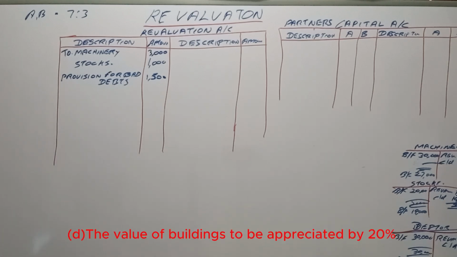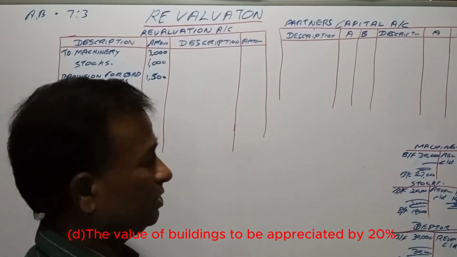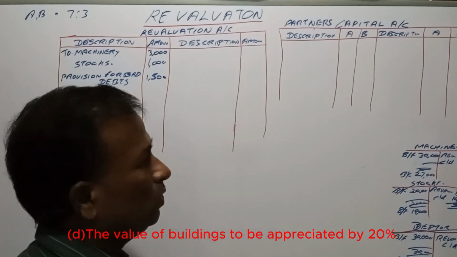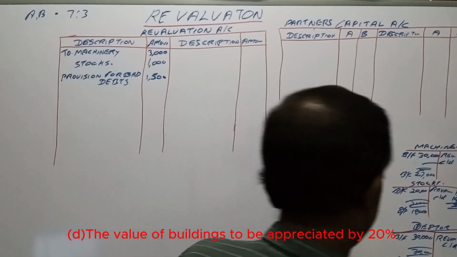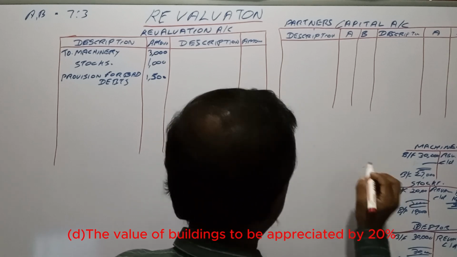And the next adjustment says the value of buildings is to be appreciated by 20%.